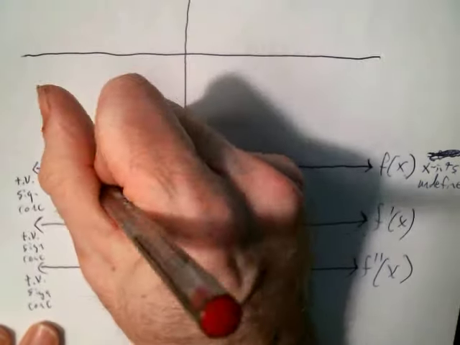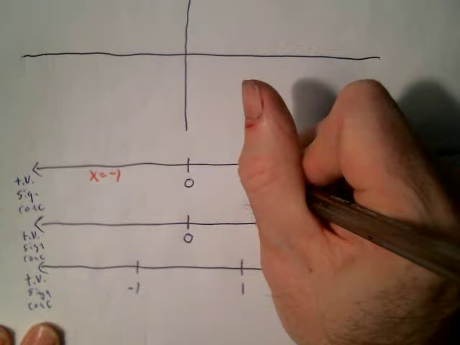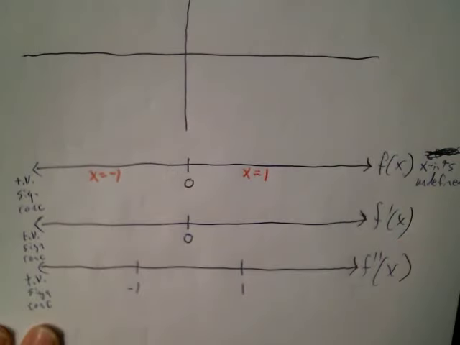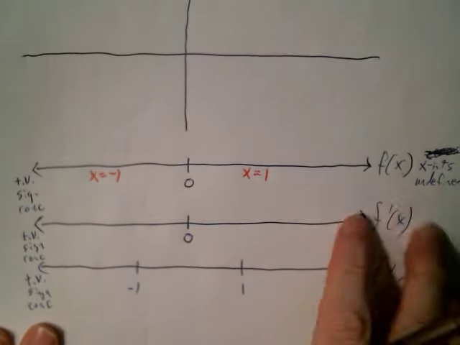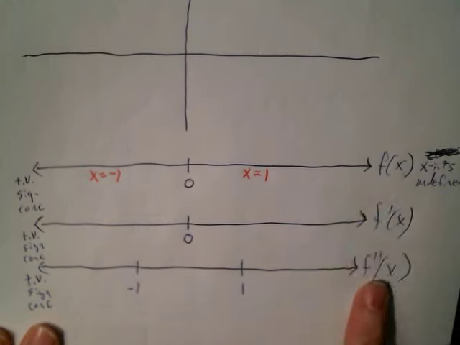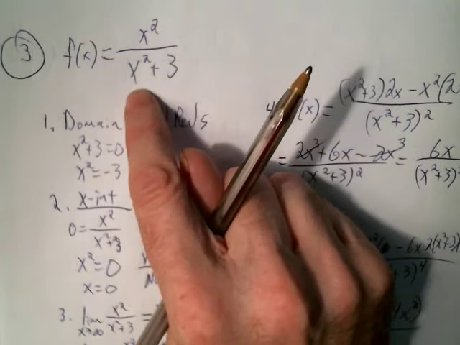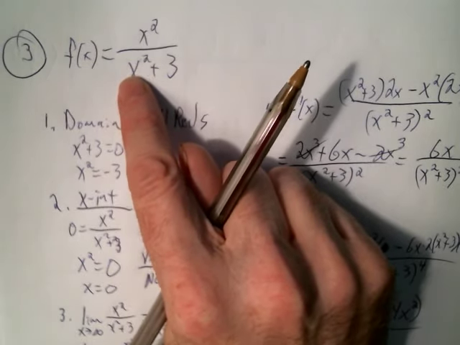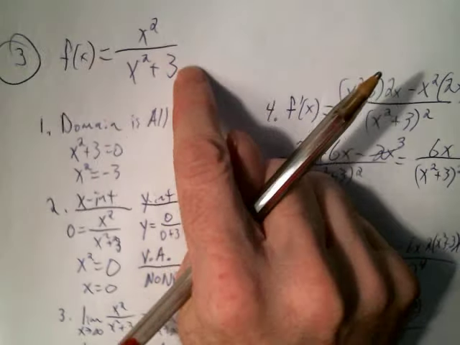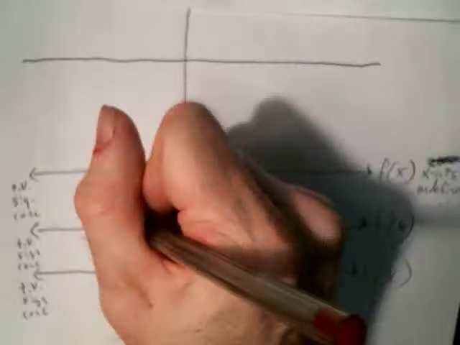The test values, I'll just try -1 and 1. I'm plugging these into f of x. So these statements over here remind you where to plug in your test values. So if I plug -1 into f of x, I'll get -1 squared is positive over a -1 squared again, positive plus positive is positive, positive over positive, it's positive.